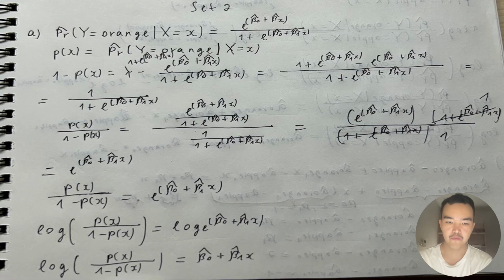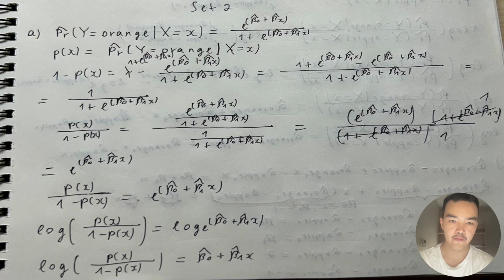So let's go to the solution explanation. In problem A, we need to find the log odds of orange versus apple. What do we need to do? The first step is to find the opposite probability, which is the probability that our fruit is an apple.